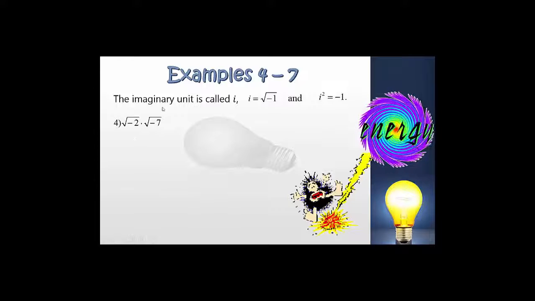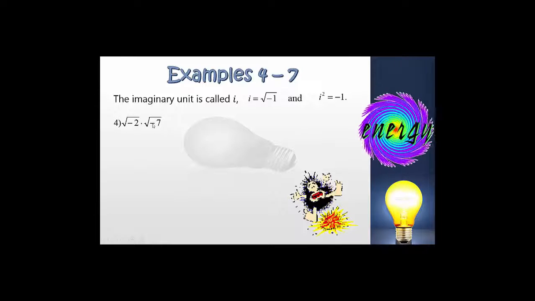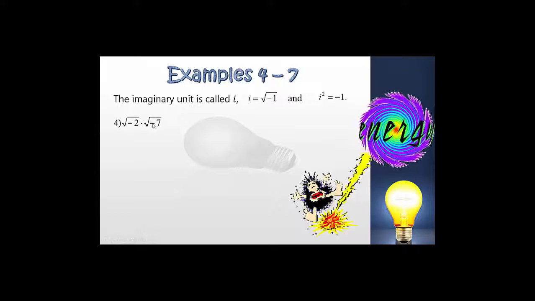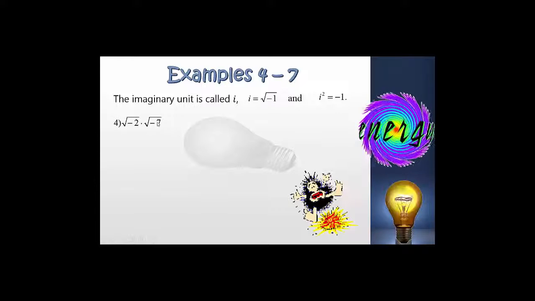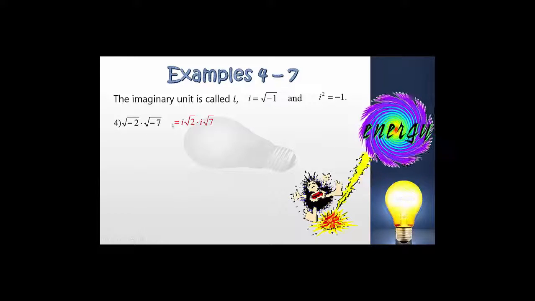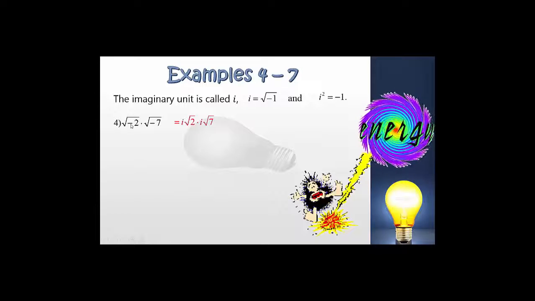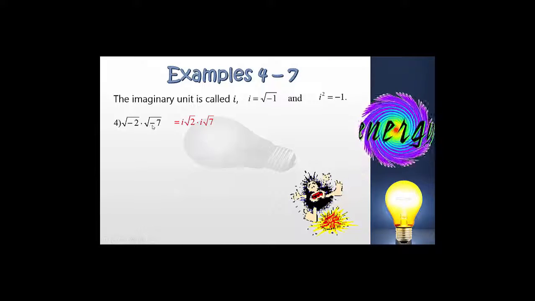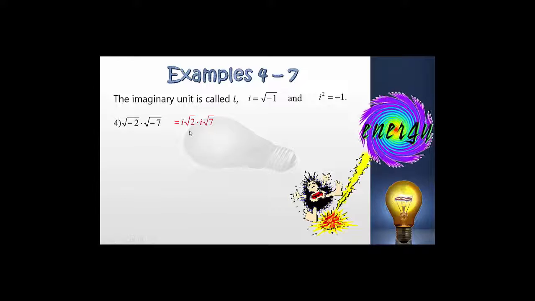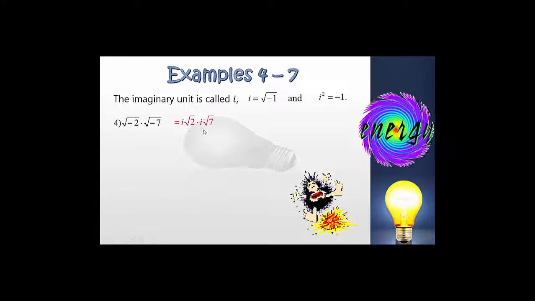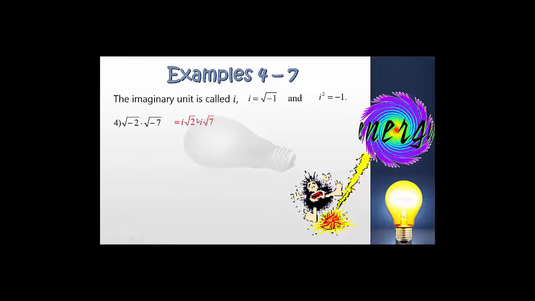So here is the one we just looked at, example number 4, and we see we have a negative inside the radical sign and a negative inside the radical sign here, so that means we're going to have to take those out as i's, because this negative is the square root of negative 1 and this negative is also, so it would be i square root of 2 times i square root of 7.